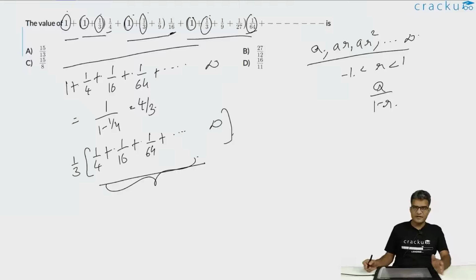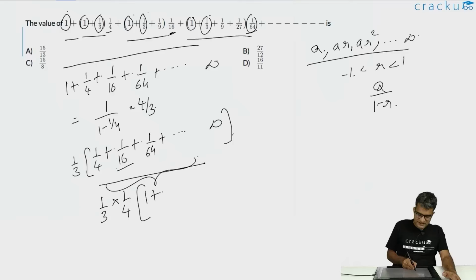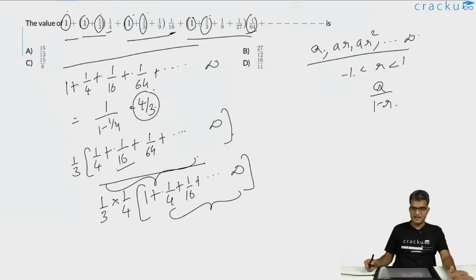Over here, if you take 1 by 4 out, you are going to get 1 by 3 into 1 by 4 into (1 plus 1 by 4 plus 1 by 16 plus dot dot dot till infinity). This we already know is equal to 4 by 3. We have just calculated that. So the contribution of 1 by 3 will be equal to 1 by 3 into 1 by 4 into 4 by 3.